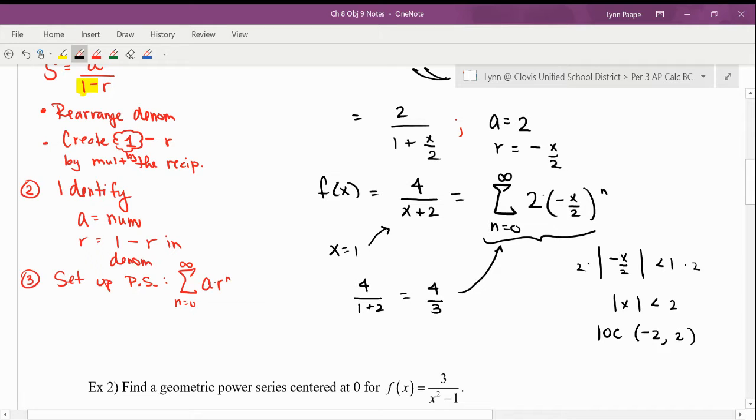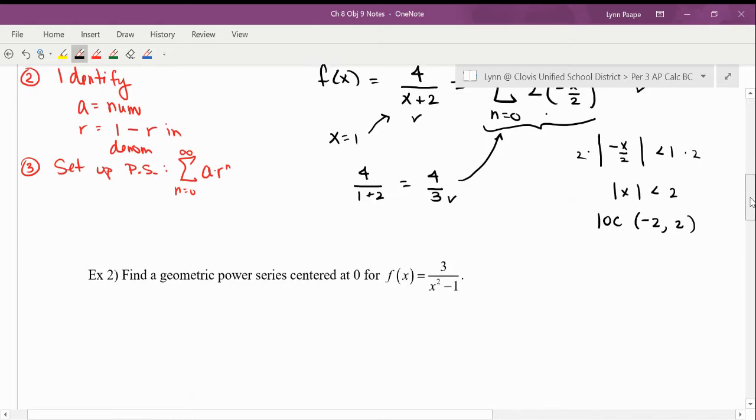If I ask you what is the sum of this series, and you knew the function, you would just replace x with 1, right? So I know that the sum of this series would be 4/3 because it's equal to the function itself. I can also find the sum using our methods from 8.2. Now if I go beyond the interval of convergence, then the sum would diverge. So we're outside of that approximation value.